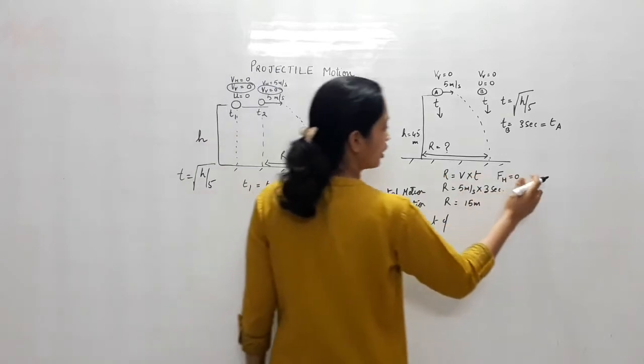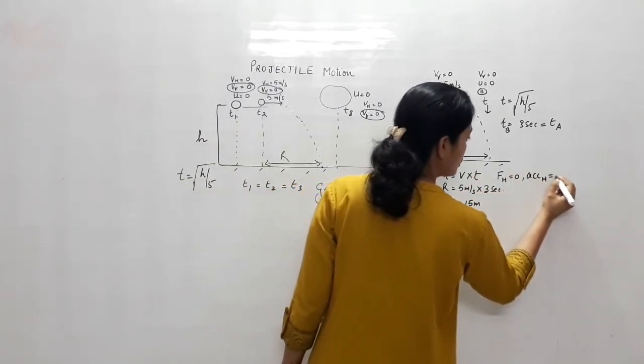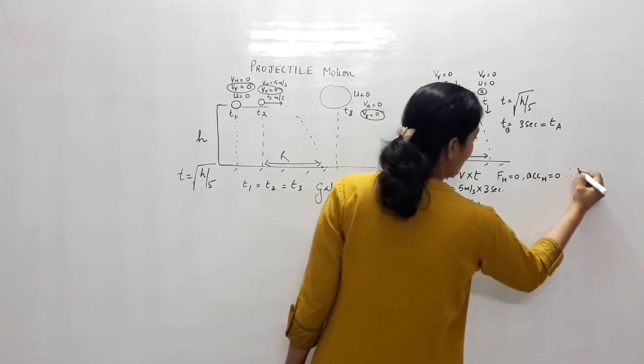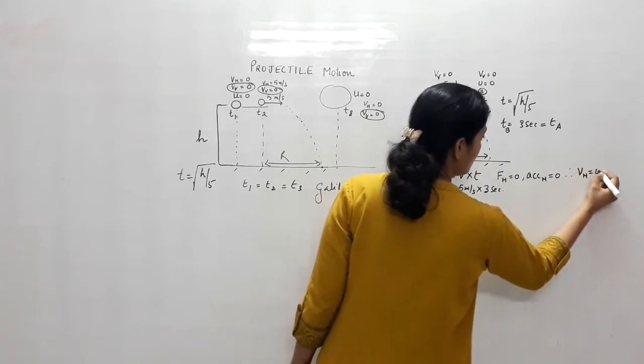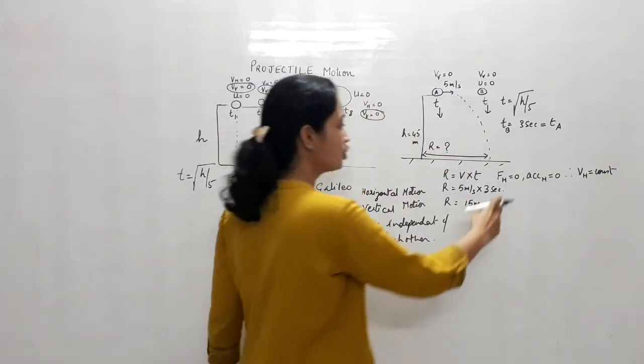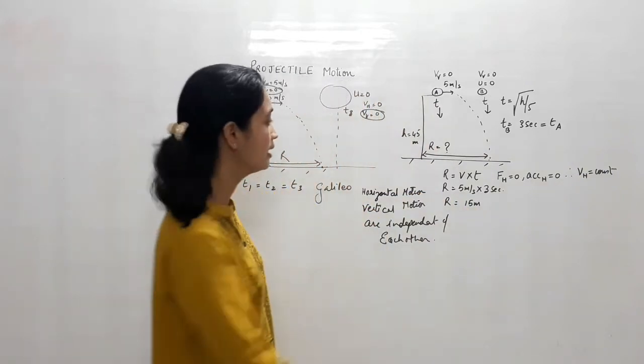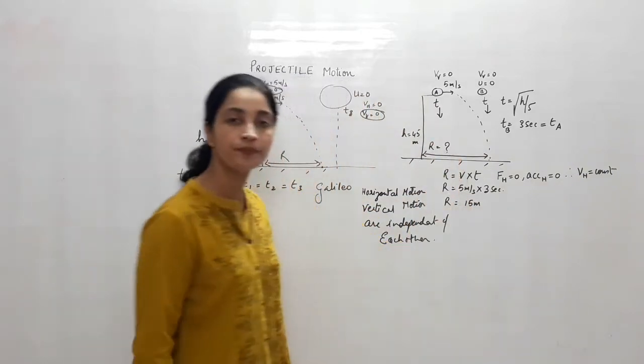So force in the horizontal direction is 0. Therefore, acceleration in the horizontal direction is 0. Therefore, velocity in the horizontal direction remains constant, and I can calculate this.